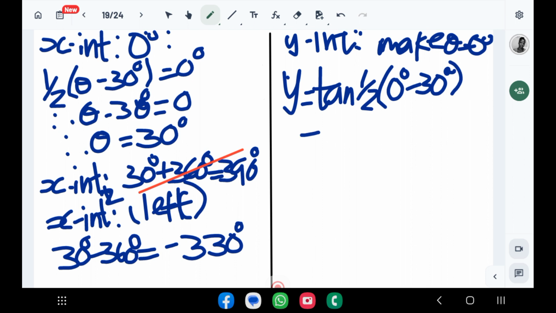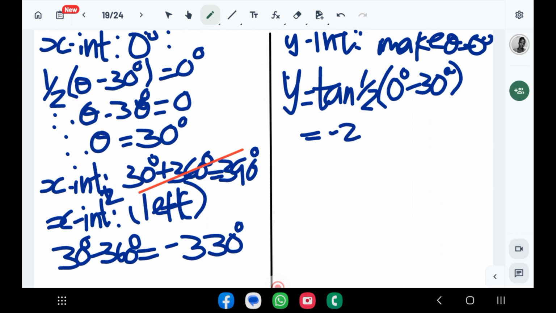Take out a calculator: tan of common fraction 1 over 2, bracket, 0 minus 30, close bracket, another close bracket, and that gives you negative 2 plus square root of 3.